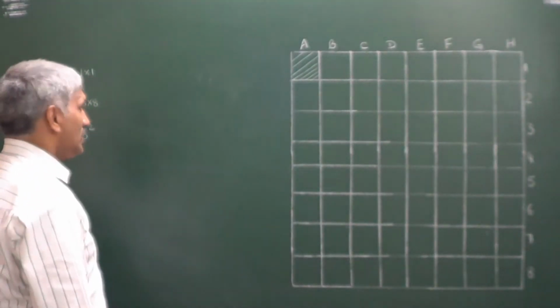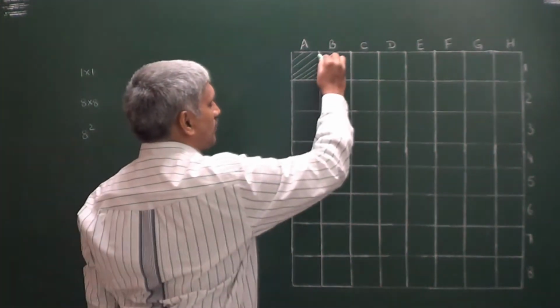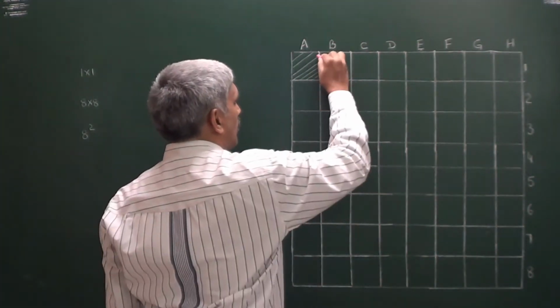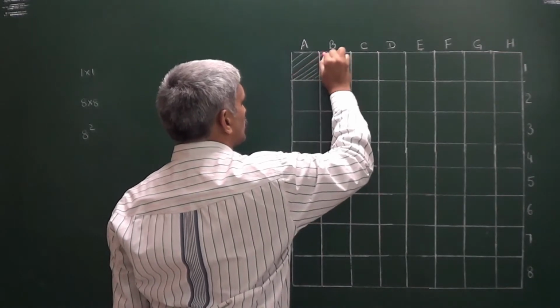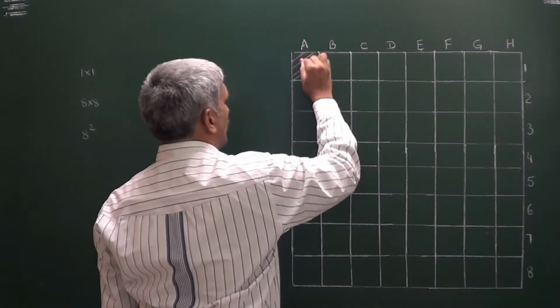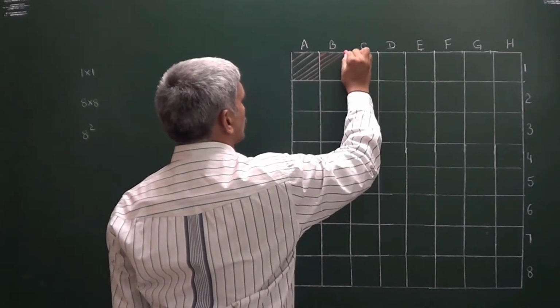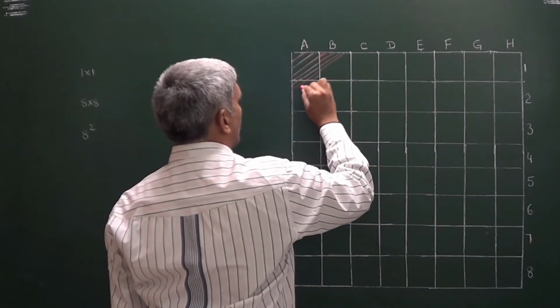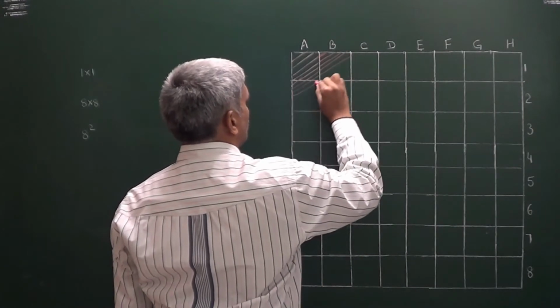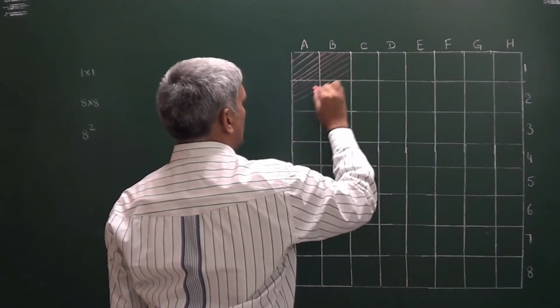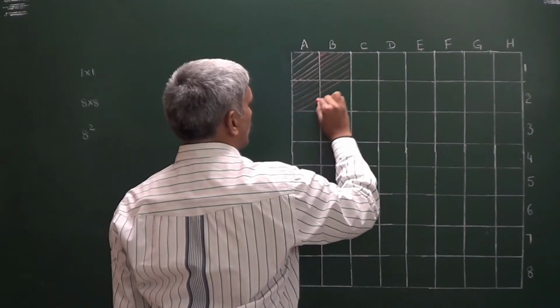Now my question is, how many of these type of squares are there? Now I am asking about these squares, that means squares of size 2 by 2. How many are there? This is of size 2 by 2, yes or no?